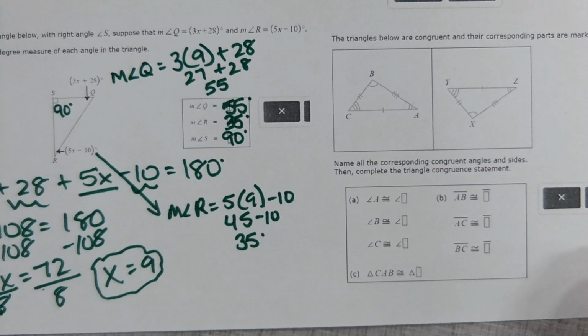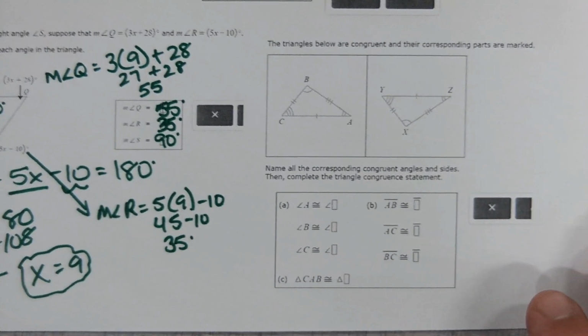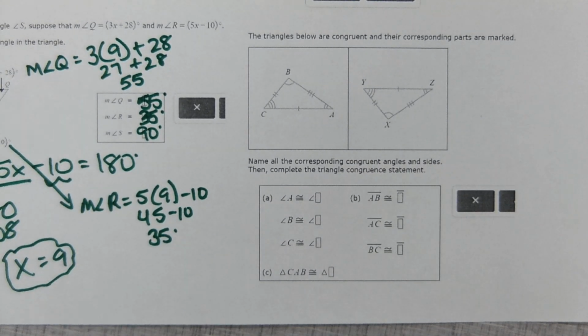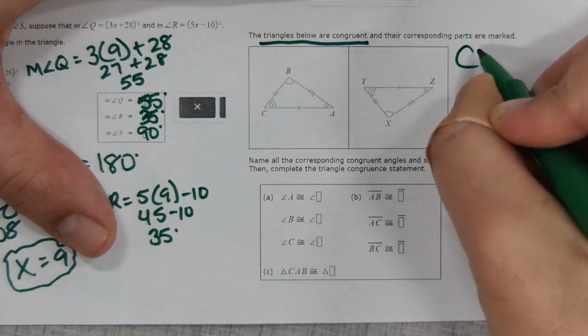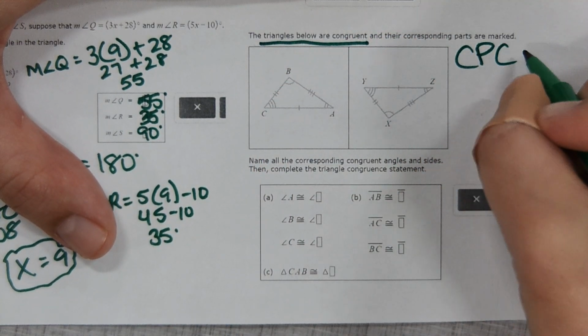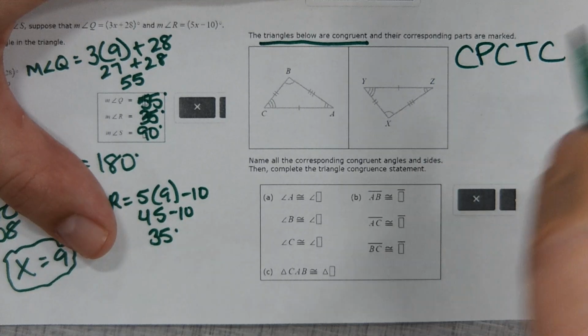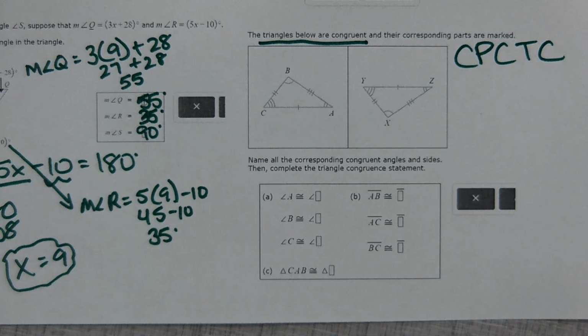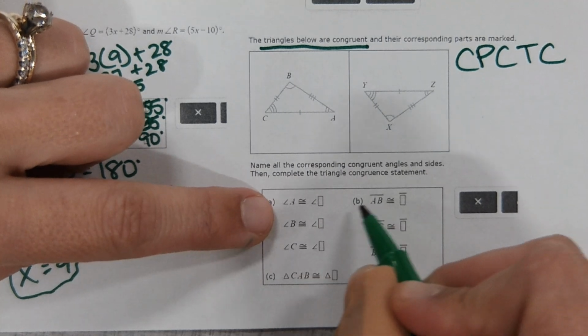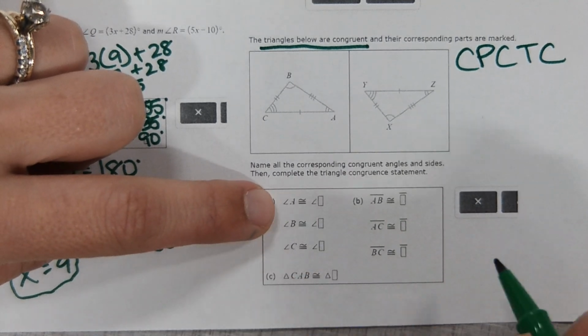Okay, then over here, this actually segues into what we're learning today. It says the triangles below are congruent, and what we'll learn today is corresponding parts of congruent triangles are congruent. So if you have congruent triangles, then all their angles are congruent and all their sides are congruent. And over here, we're essentially just matching the congruent sides and angles.